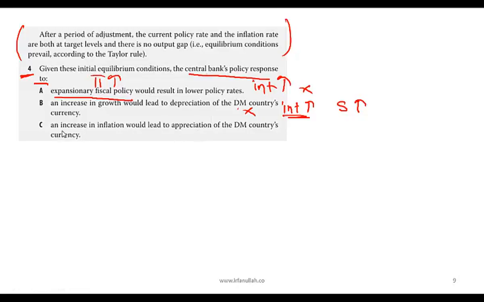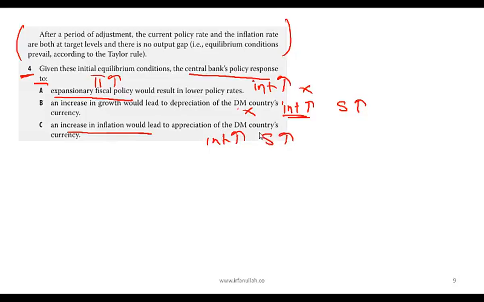An increase in inflation would lead to appreciation of the country's currency. Now, this is true because, again, same point as B. When there is inflation, the interest rate will be increased, the policy rate will be increased by the central bank. When that happens, then the currency goes up. All right, now I'm going to emphasize here.